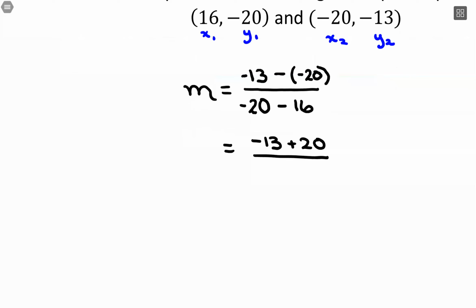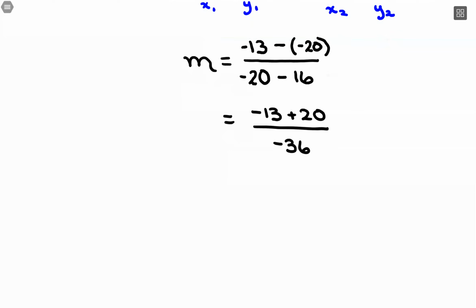In the denominator, negative 20 minus 16, which is negative 36. And then negative 13 plus 20, same thing as 20 minus 13, so that's going to be 7 over negative 36. And then we just want to make sure that our fraction is completely simplified, which that is.